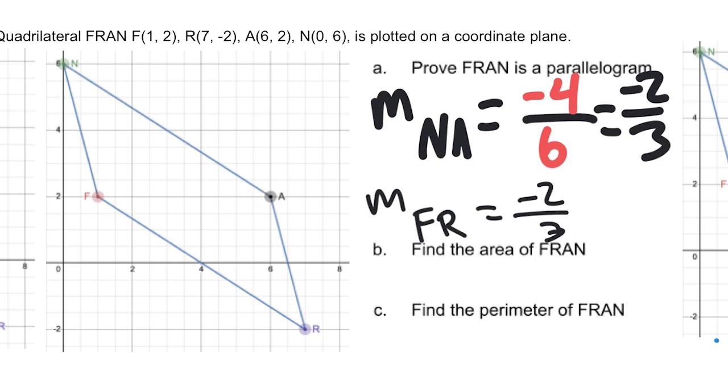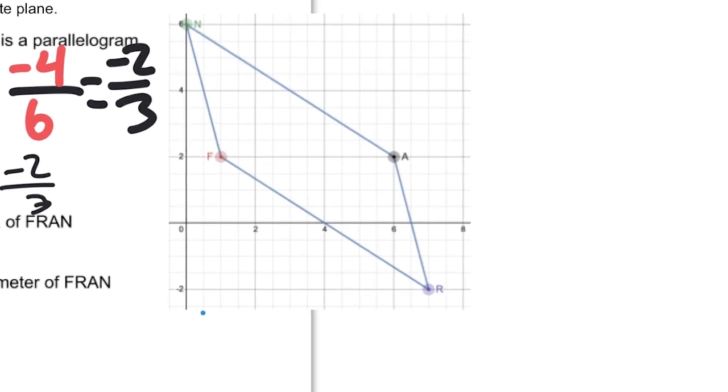What about the area? If we're trying to figure out the area, that can be a little tricky. And I'm not even going to lie to you. When I was initially looking at this, I was thinking about that decomposition method that we were talking about a month ago. The very first thing I did was box this quadrilateral, and then I was thinking, oh, okay, here's what we need to do.